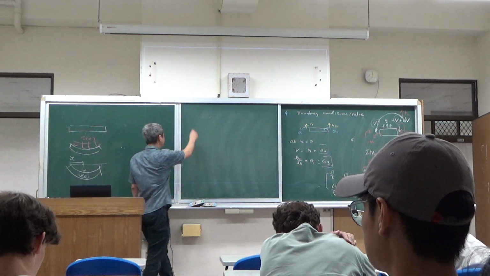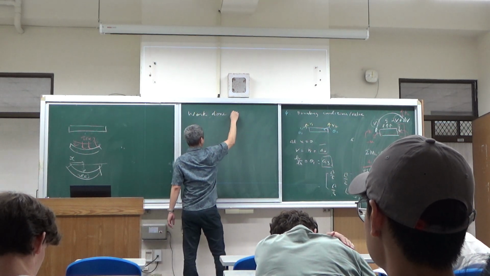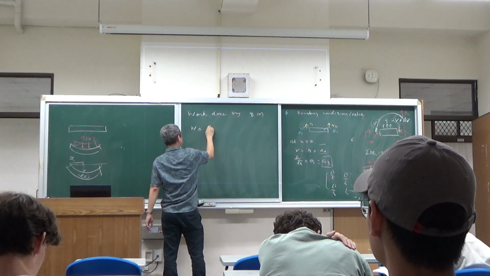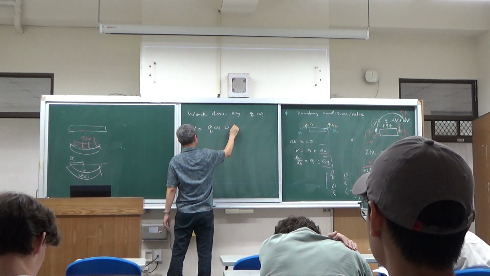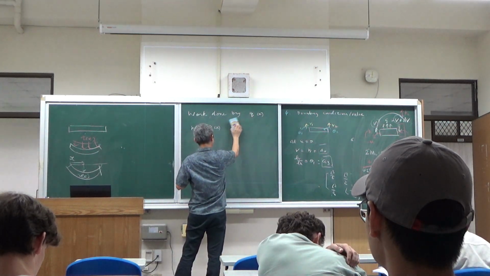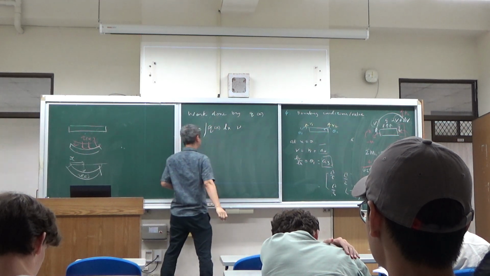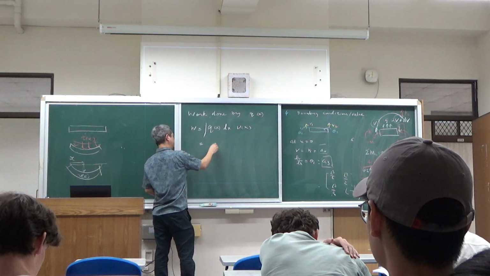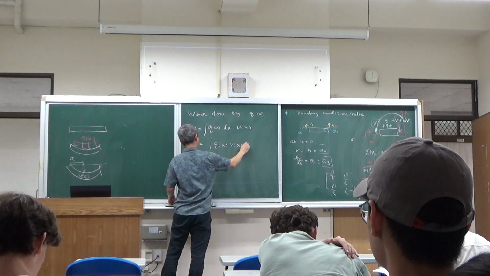So the work done by Q can now be written as Q(x) v dx. Okay. To be more precise, Q times dx and then v. Okay. Because the v is also a function of x, so you have to bring them inside.